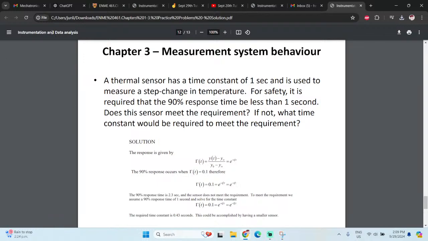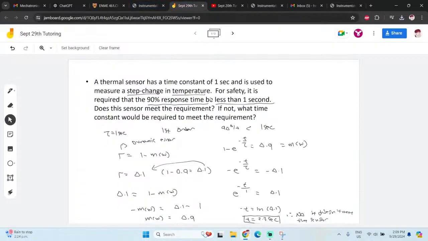Yeah, basically here you can consider the time, you said that for safety it has to be less than one. So for the requirement you can put the T90 as one, and then you can calculate the time constant from there.